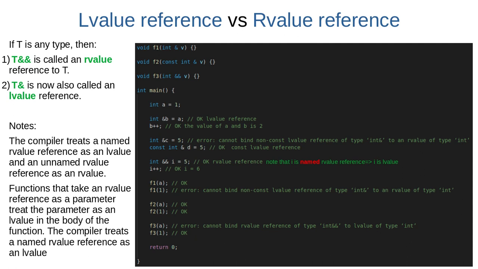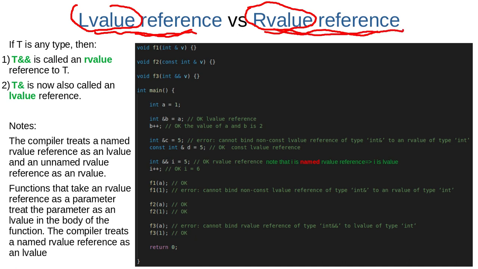Now, what's the definition for lvalue reference and rvalue reference? In the previous slide we talked about the lvalue and rvalue. Now we are going to talk about lvalue reference and rvalue reference.